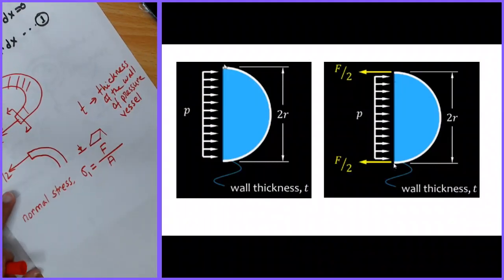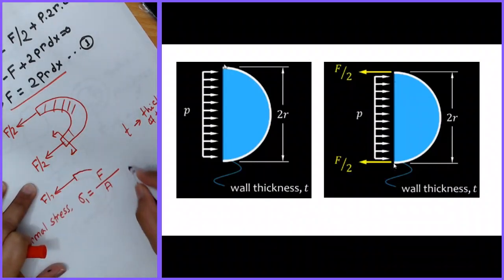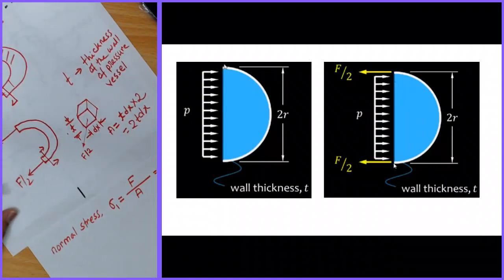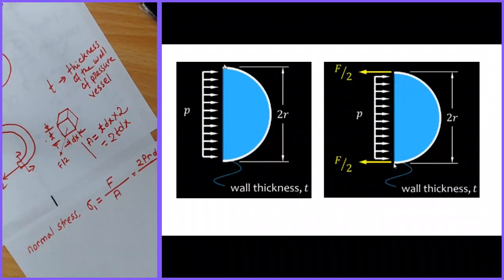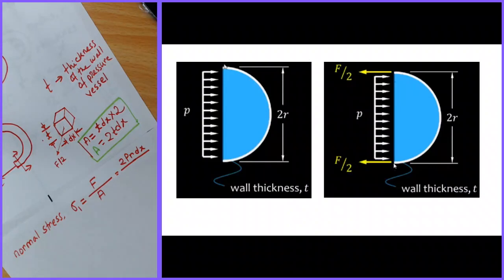So from equation 1 we learn that force is equal to 2p r dx. Okay, and area A is equal to 2t dx.